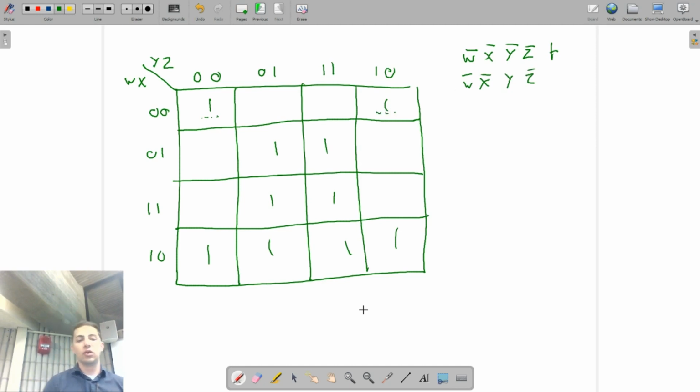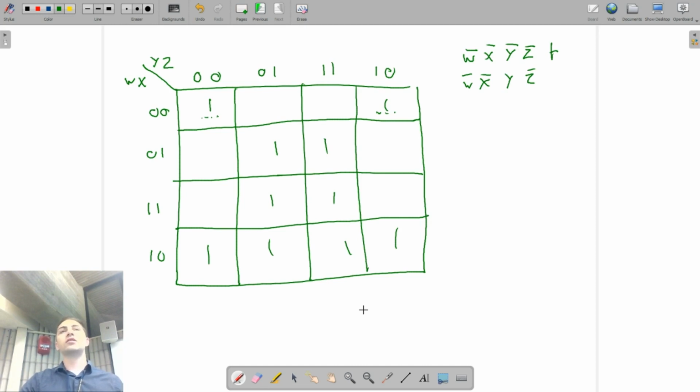W bar, X bar, Y, Z bar. That's this cell here. So we have a total of 8, 9, 10 terms. I might be able to finish writing the equation by the end of class, but I'm going to show you that it is actually quite simple to reduce this.